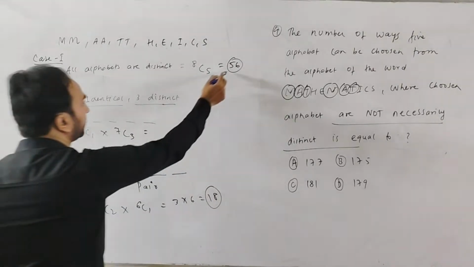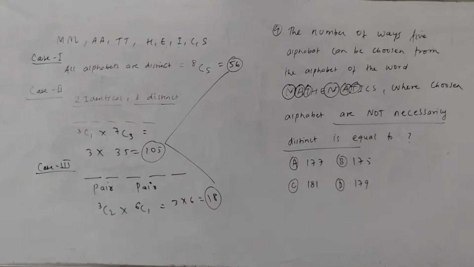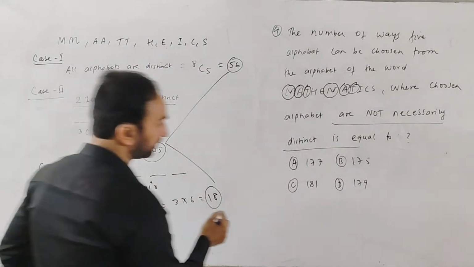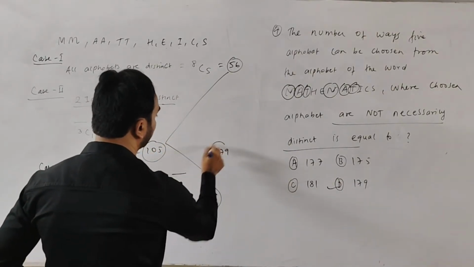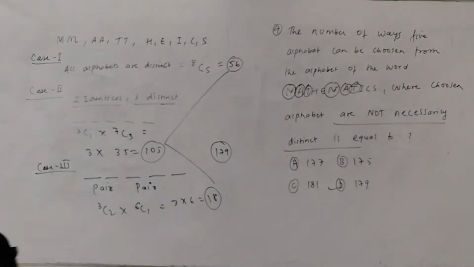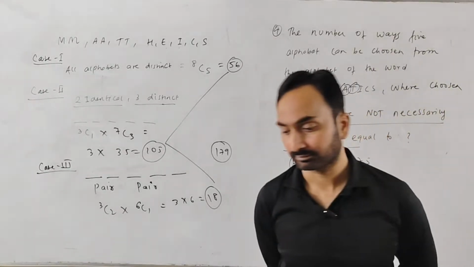Now add all these three: 56 plus 105 plus 18. Adding all this will give 179. The final answer is 179.